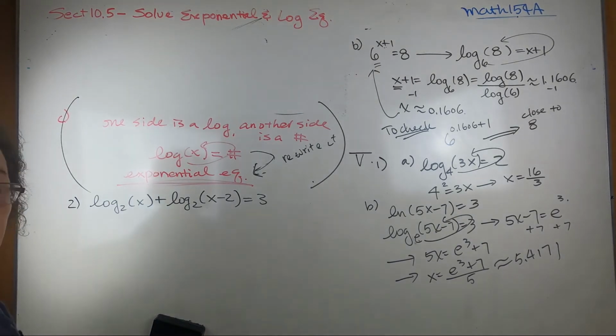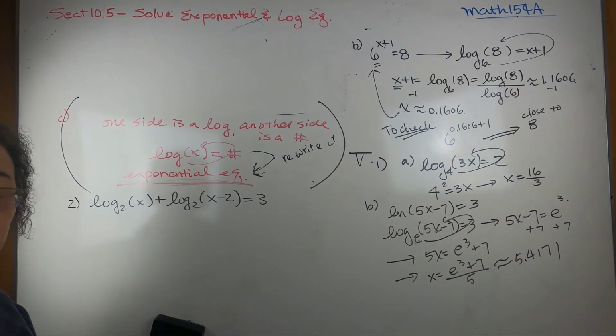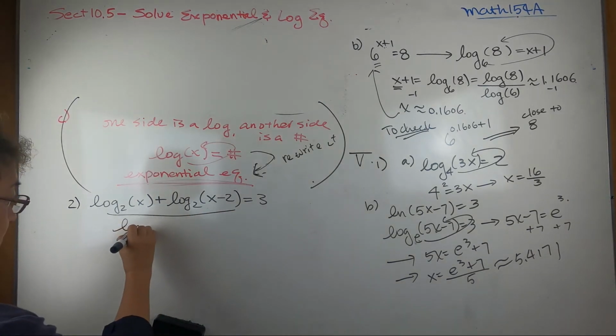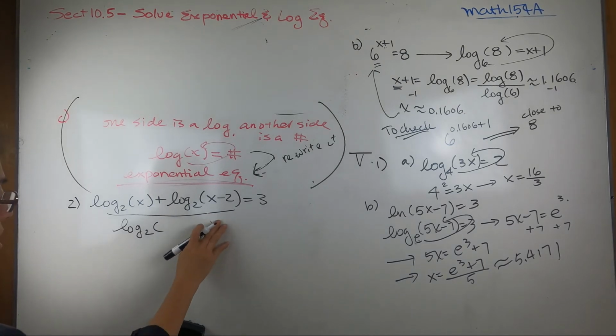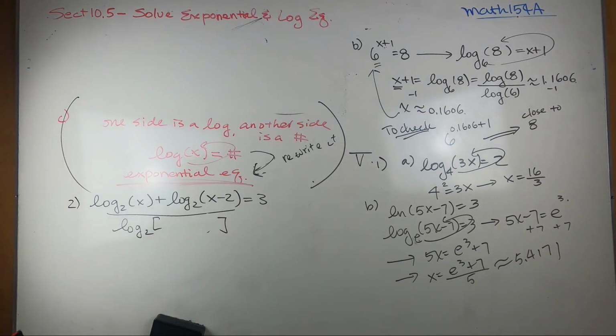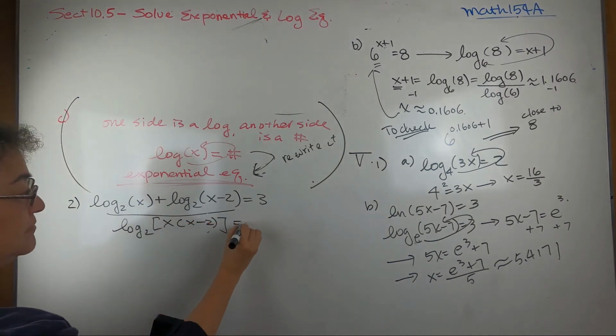That's why we learn add, subtract, multiply, and divide, the properties of the log. Can we make this a single log? Same base, if you make a single log, when you add, what are you going to do with the inside? You shall multiply. Is that right?